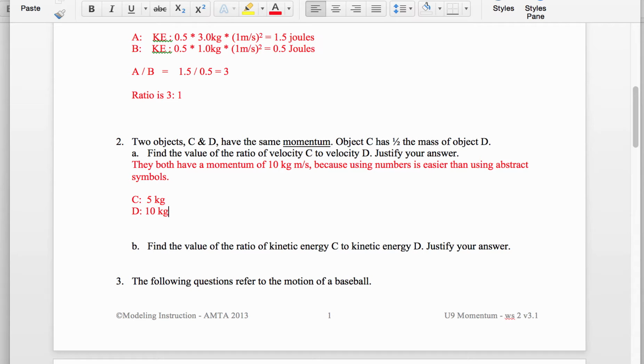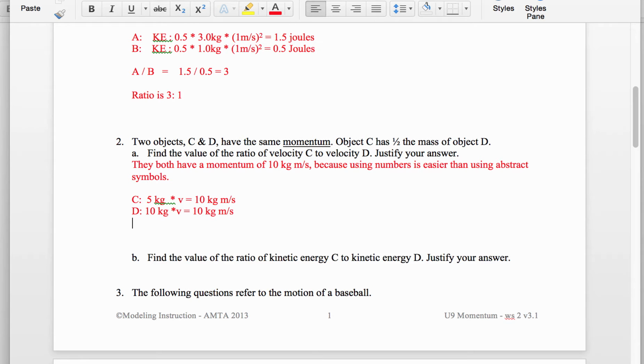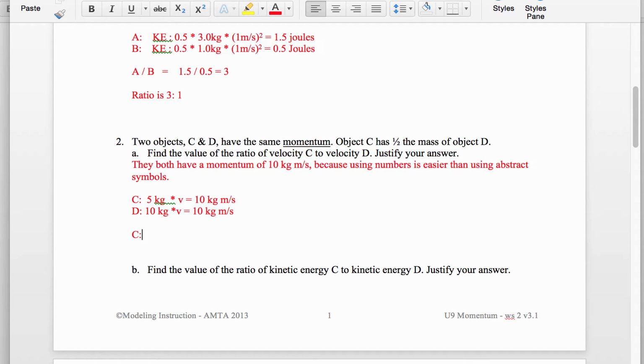because it says that C is half the mass of D. So then times some velocity, we get our momentum, which is 10 kilogram meters per second. So how fast must C be going? Well, what times 5 is 10? 2. So 5 kilograms times 2 meters per second gets us our 10.